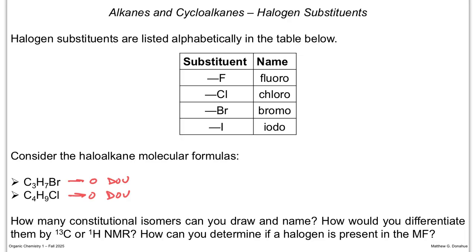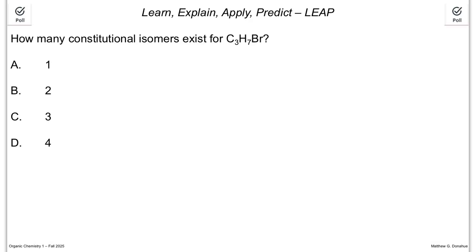So we're going to convert the molecular formulas into constitutional isomers. For C3H7Br, 0 degrees of unsaturation, how many constitutional isomers can you draw?